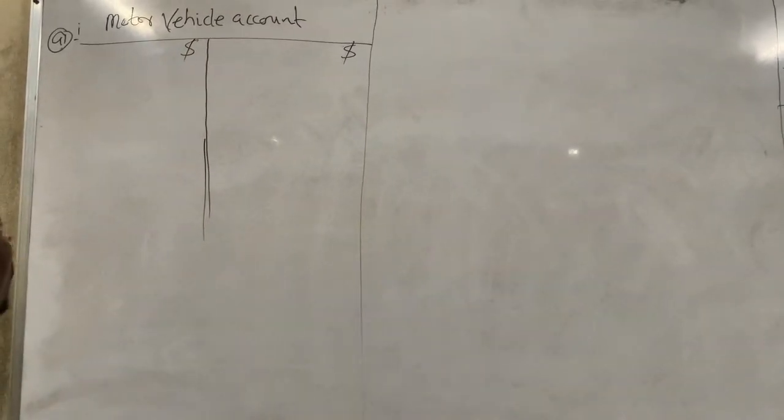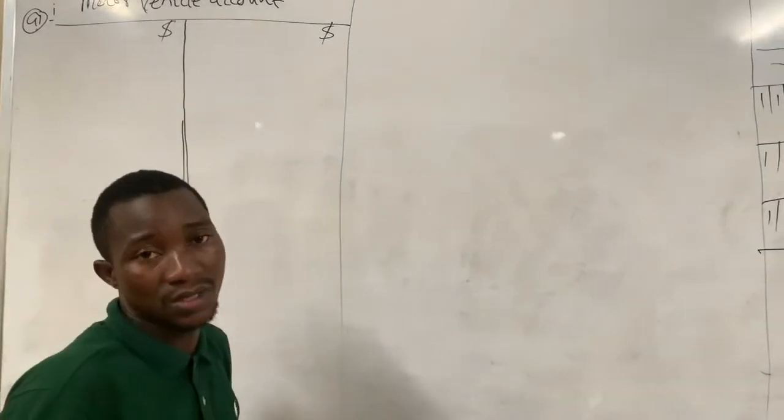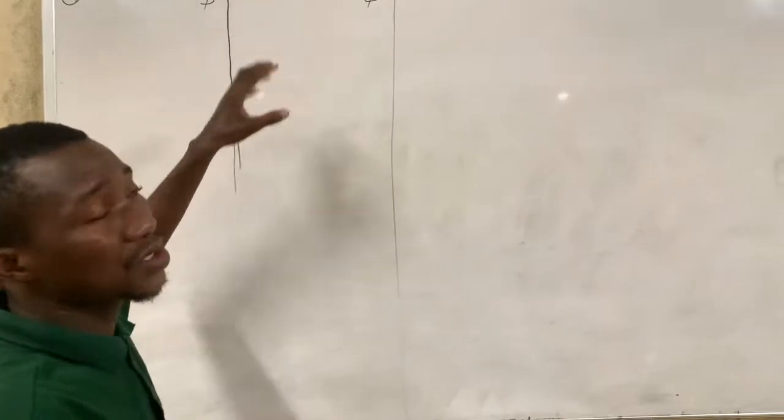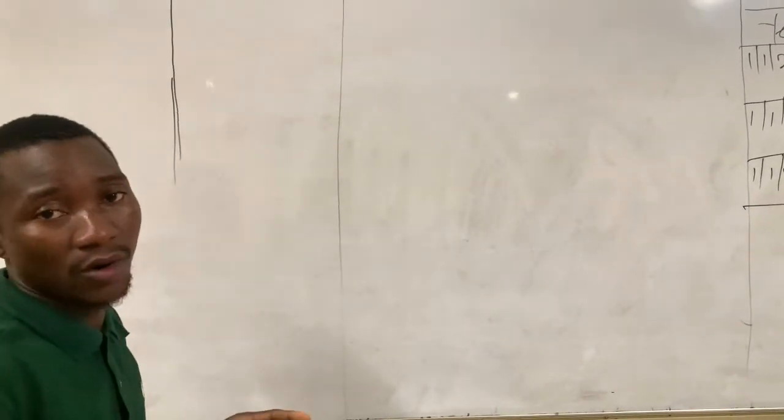This motor vehicle account is a cost account. The reason why I'm saying it's a cost account is that we are going to use this to record the costs of the asset. Apart from the cost, we don't record any other thing.